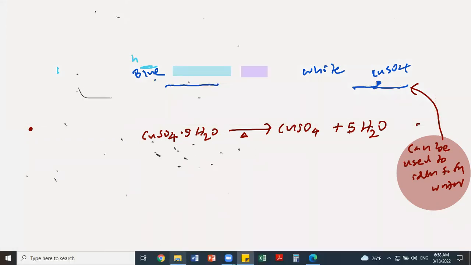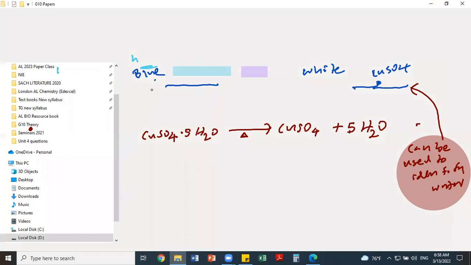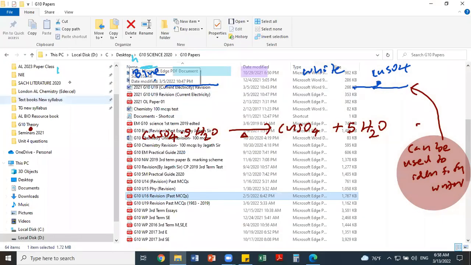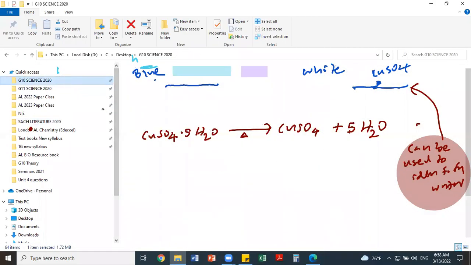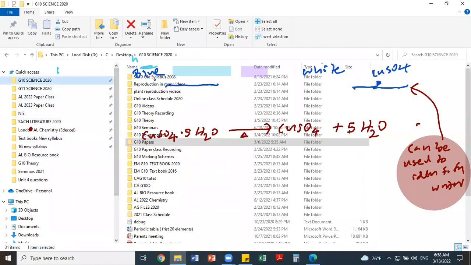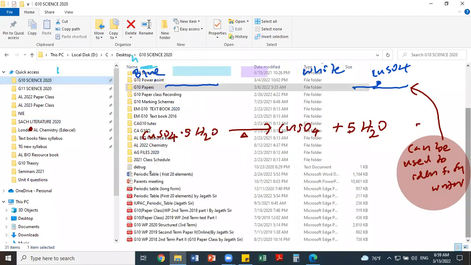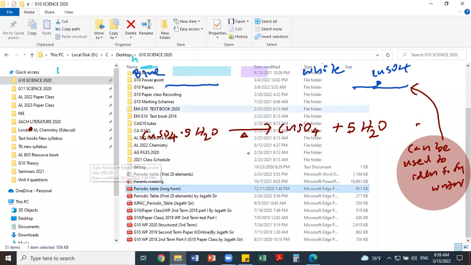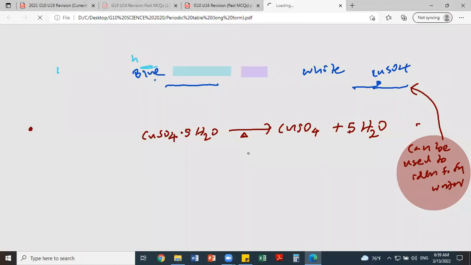I have given you the periodic table. You should keep a printout, because whenever they give a question, even in a school term test paper, sometimes they forget this. The RAM of any element they should give. Without RAM, if they make a question even in the O level or A level paper, they will have to give a free mark for that.